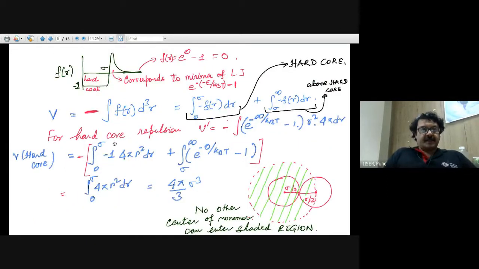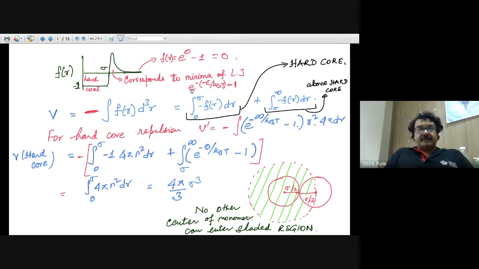Now going back to the discussion of the Mayer function. I said already that the Mayer function is -1 for the hardcore repulsion case, and this adds a contribution which corresponds to the minima of Lennard-Jones. Suppose it's an attractive interaction. I'm not writing the functional form, but if it's an attractive part, then it would be minus epsilon, or minus 4 epsilon.